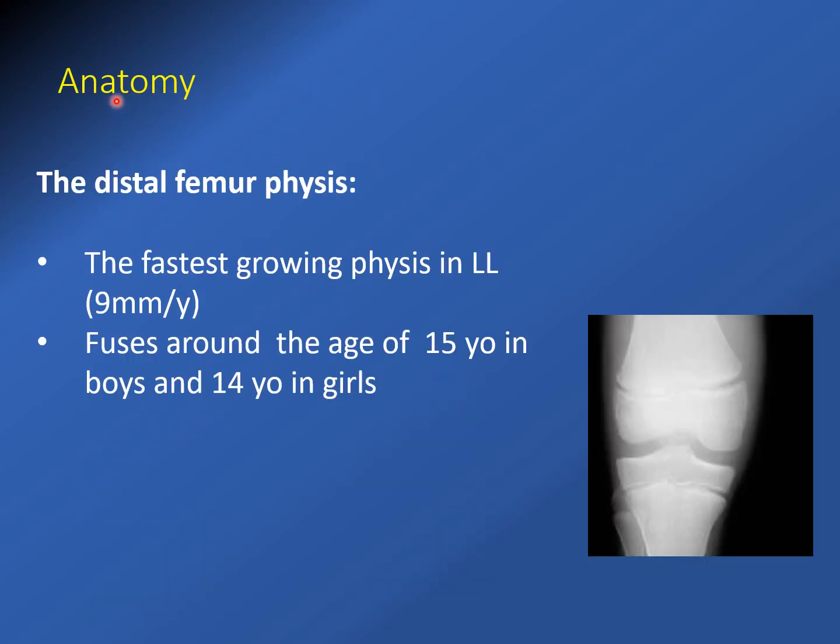So if we would like to speak about the anatomy of the distal femur, the distal femur physis or the distal femur growth plate is the fastest growing physis of the lower extremity. It grows about 1 centimeter per year.